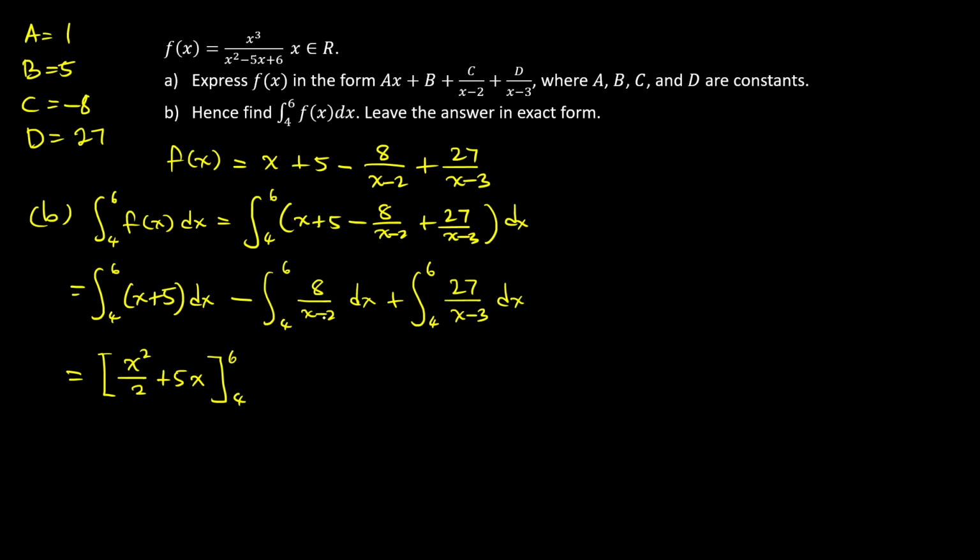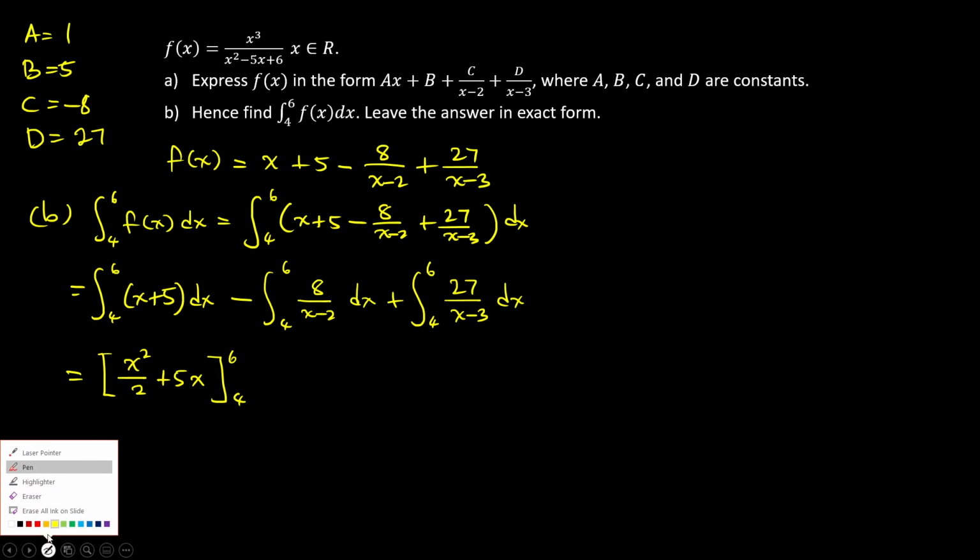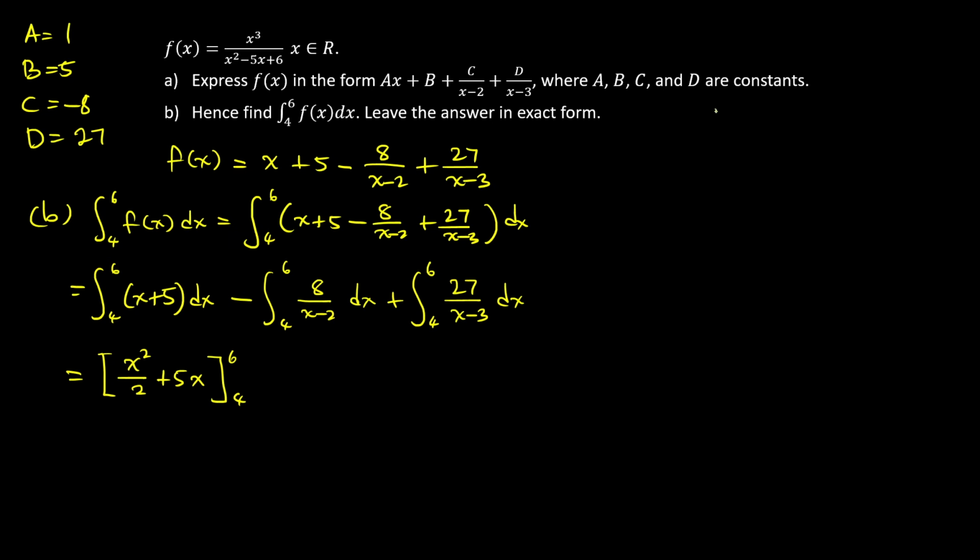And the next one here is a bit challenging, but if you have learned the integral of a reciprocal function, then you know that if you have something in the form of f prime x over f x, this should be the natural log of the absolute value of f x.